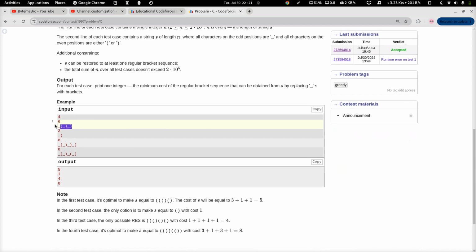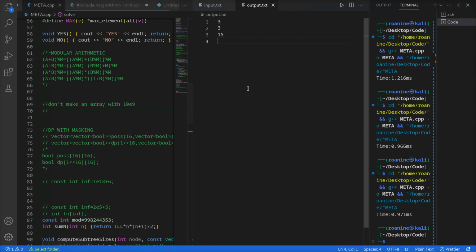So this is the question, and let's take this one only. If we think about this input, it is for sure that at the start there would be an opening bracket, and at the end of course there is always going to be a closing bracket.